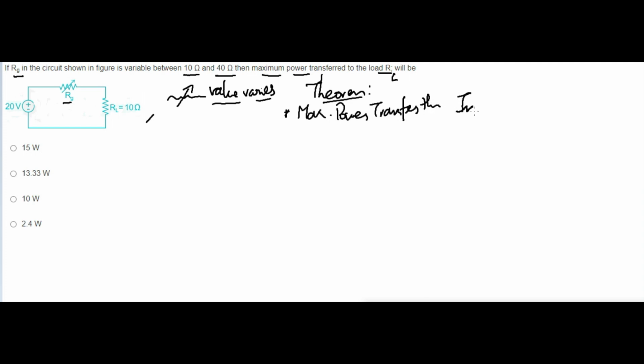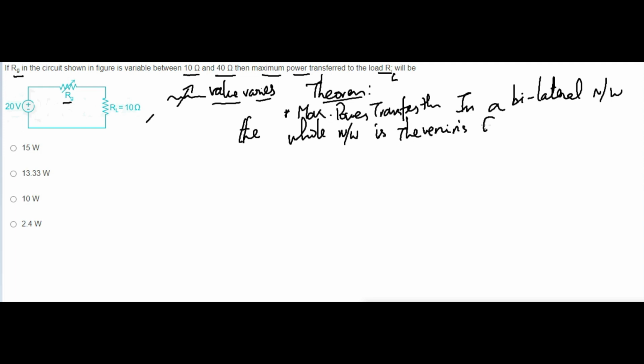In a bilateral network, bi means two, the whole network is represented by Thevenin's equivalent. You know Thevenin's equivalent, is it right? Finally, the maximum power transfers from the source to the load.